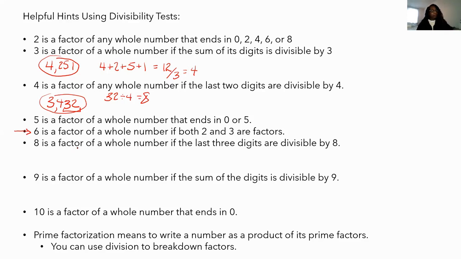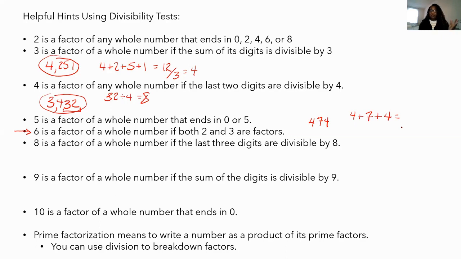So let me take a couple of my notes. Let's say if I want to say 474, okay? Let's keep it simple for right now. So you're saying, all right, it ends in 4, so right away, it's going to be divisible by 2. That's wonderful. Now let's see if it's a factor of 3. In order for it to be divisible by 3, I need to add these numbers and see if it's going to give me an answer that can be divisible by 3.